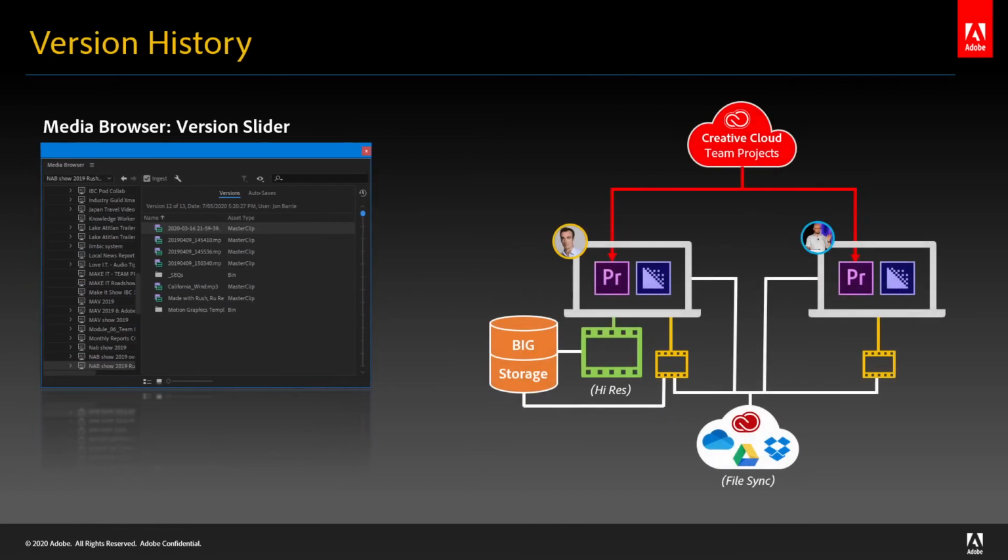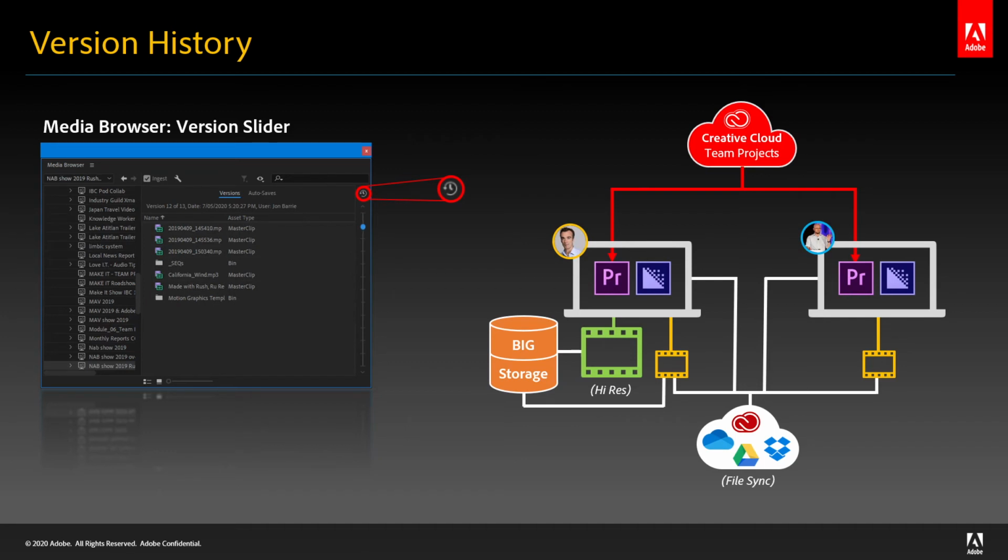Now we'll look at accessing Team Project's version history. Collaborators can use the Media Browser panel to navigate a Team Project's version history. Under the reverse clock icon in the top right, users can move down the vertical slider to preview earlier versions of the Team Project.